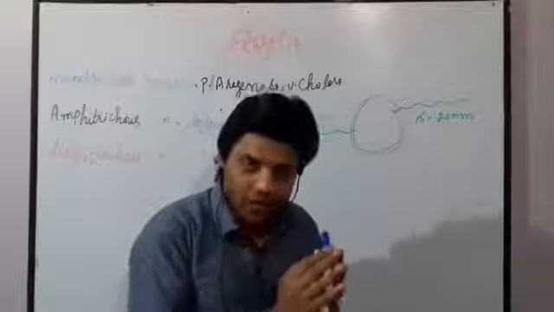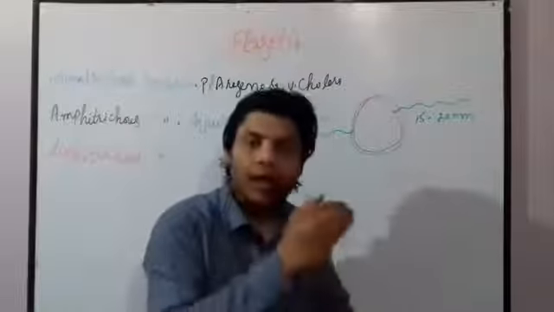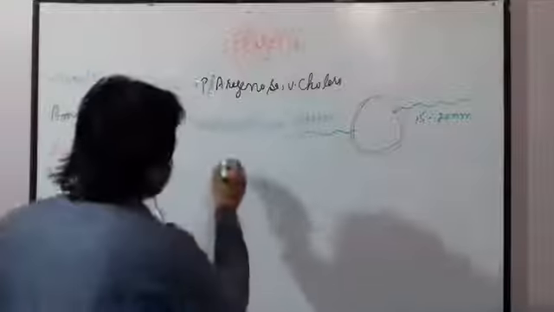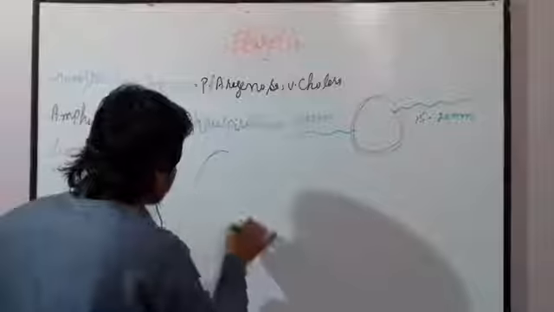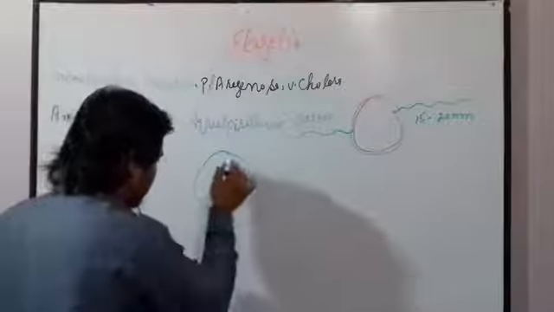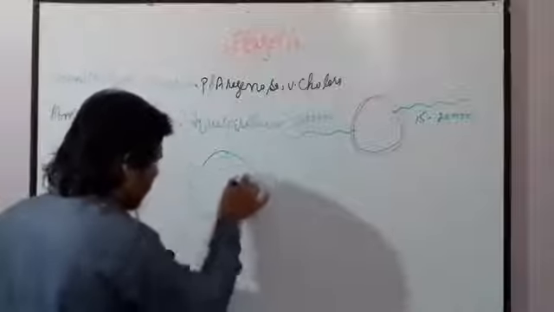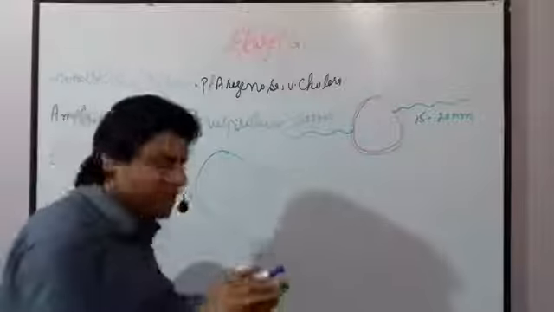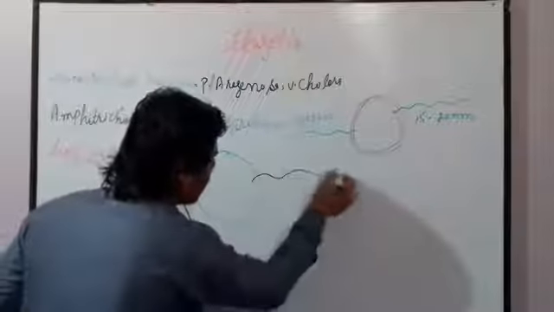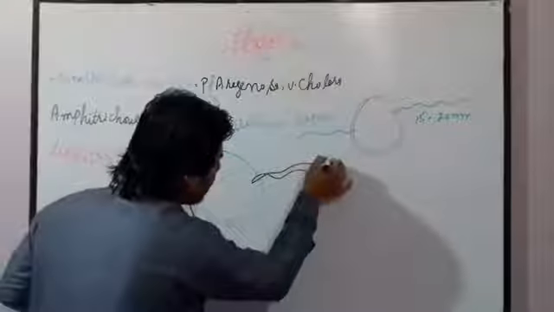When a bacterium has many flagella at one end, we call that lophotrichous. Let's suppose this is a bacterial cell, and there will be a lot of flagella at one end.